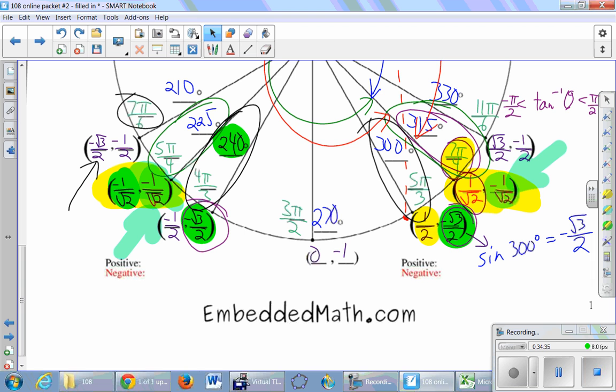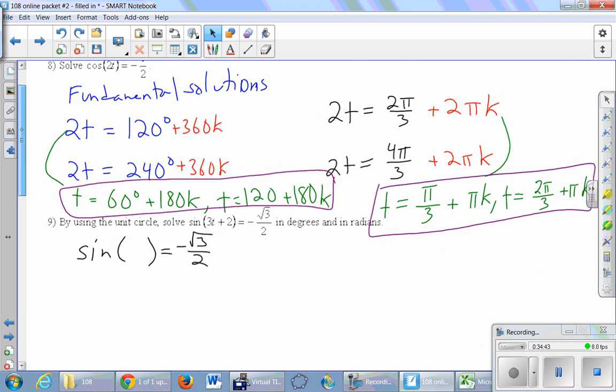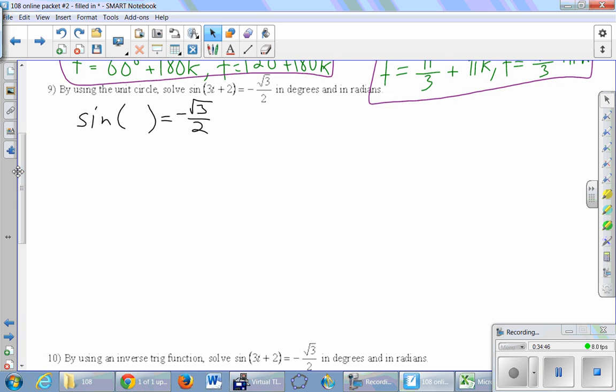So that's what we're going to write from the unit circle. Okay, so we got 240 and 300.